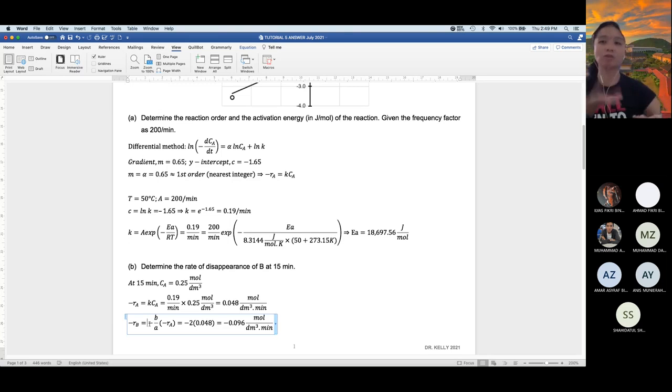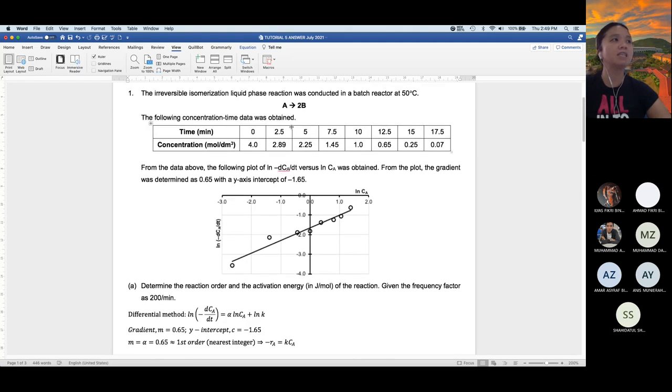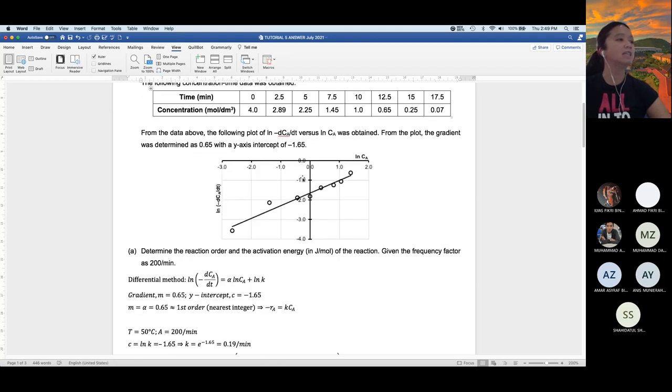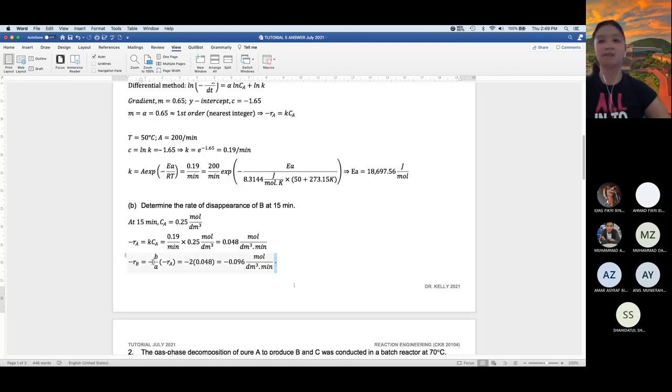In this case, you want to find the rate of disappearance of B. However, in the reaction, B is a product. B will be formed. Since I want to find the rate of disappearance of B, but B is formed during the reaction as it is a product, they don't agree with one another, so the number becomes negative. That's why there's a negative sign in front. So it means the number will have a negative sign.